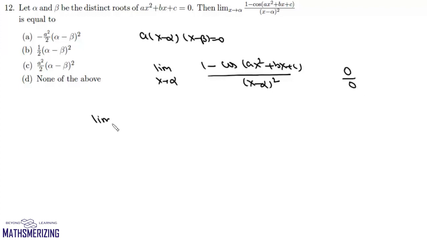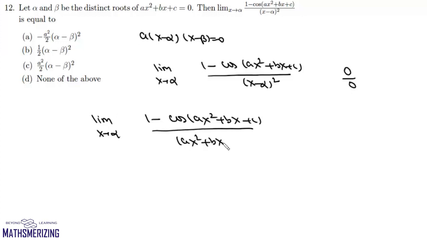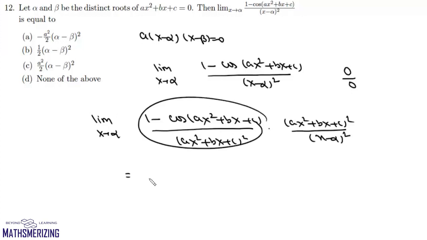So we can write limit x tends to alpha, and this is (1 minus cos of (ax square plus bx plus c)) upon (ax square plus bx plus c) whole square, into (ax square plus bx plus c) whole square upon (x minus alpha) square. Now this is a standard limit, which is 1 by 2, and we can write this as limit x tends to alpha.